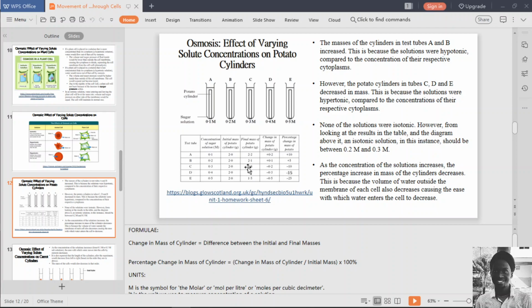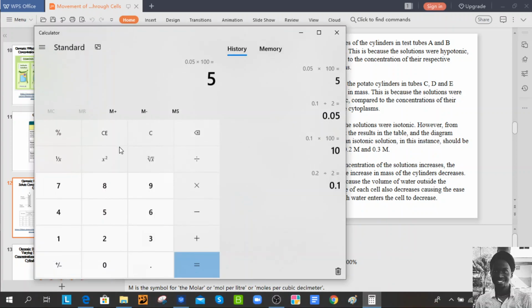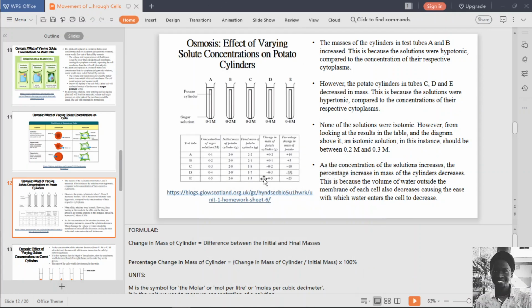So to get a change in mass, you have to say final mass subtract initial mass. That will give you the change in mass. So for the fourth cylinder, 1.7 subtract 2.0 gives you negative 0.3.